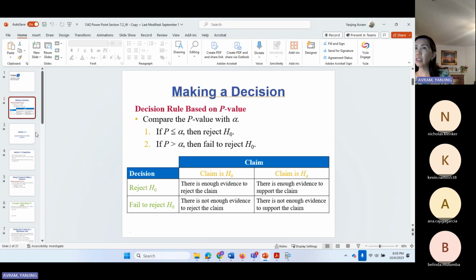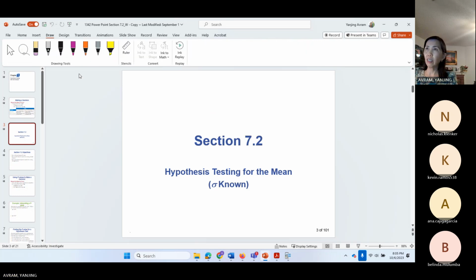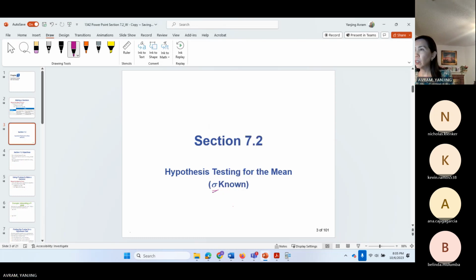And this section is hypothesis testing when the sigma is unknown, okay? So does anyone still remember what sigma represents? It's the population standard deviation, okay?